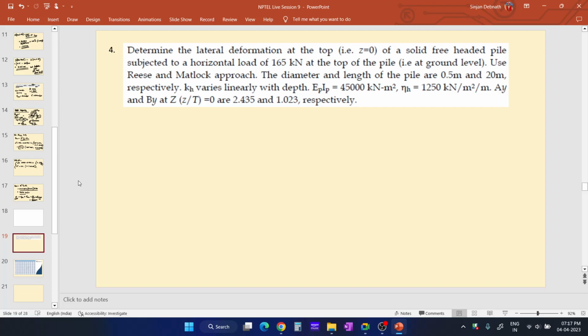Determine the lateral deformation at the top, that is at z equal to 0, of a solid free-headed pile subjected to a horizontal load of 165 kilonewton at the top of the pile, that is at the ground level. Use the Rees and Matlock method. So here in this problem we need to use the Rees and Matlock approach.